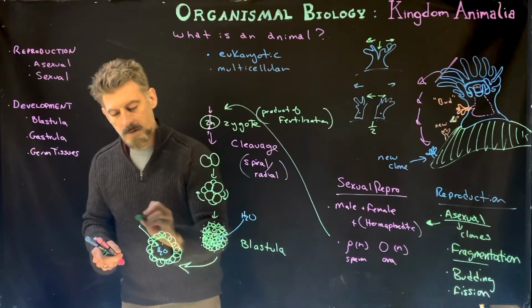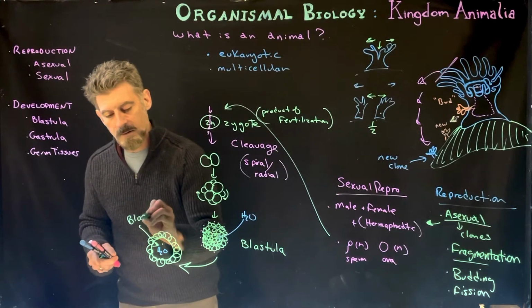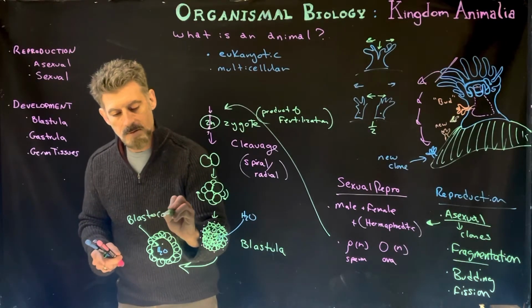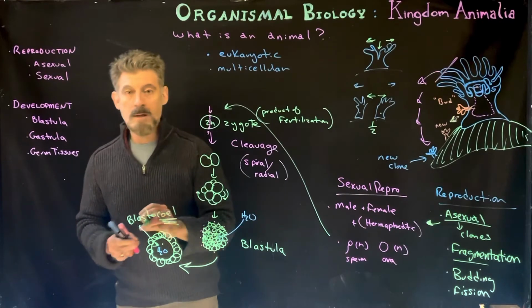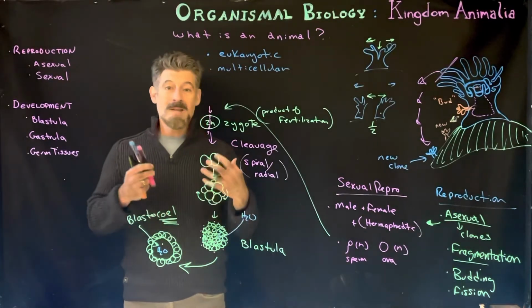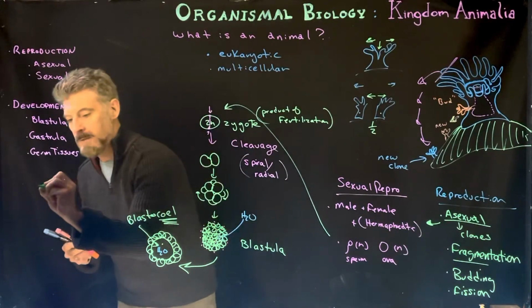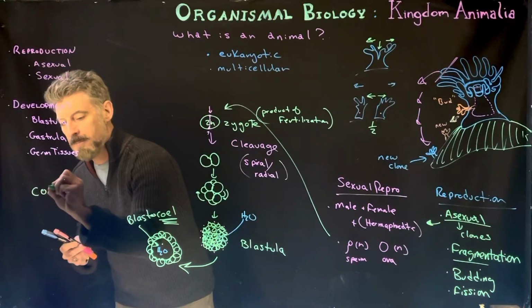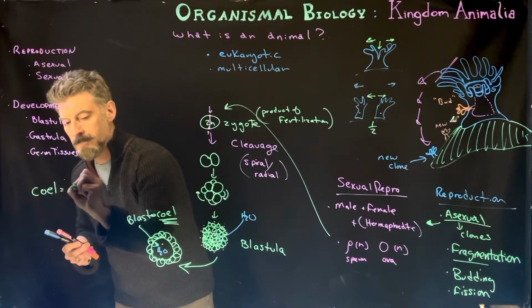And this chamber inside is called a blastocoel. We're going to see this a lot, C-O-E-L. Coel means cavity. So I'll write this over here because you're going to see it a lot with animals.